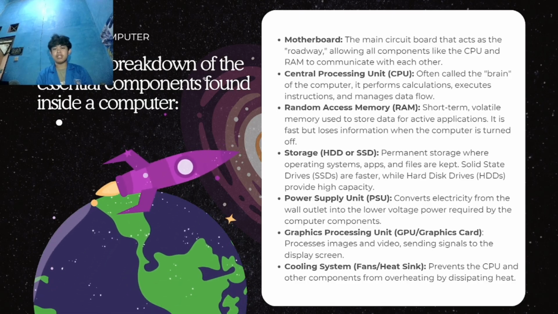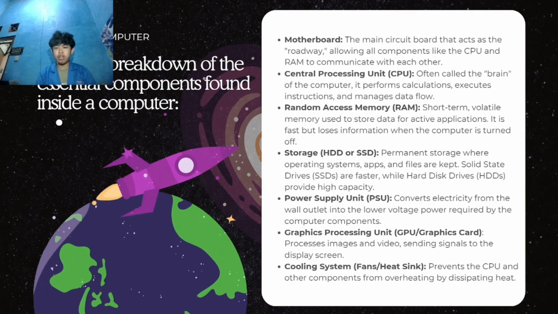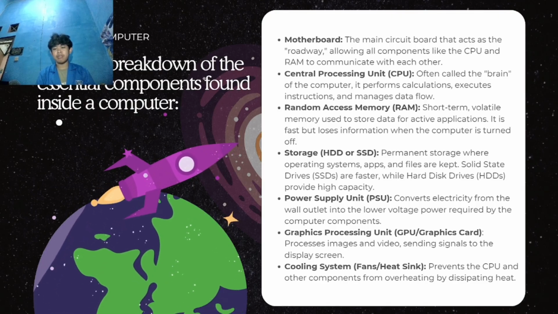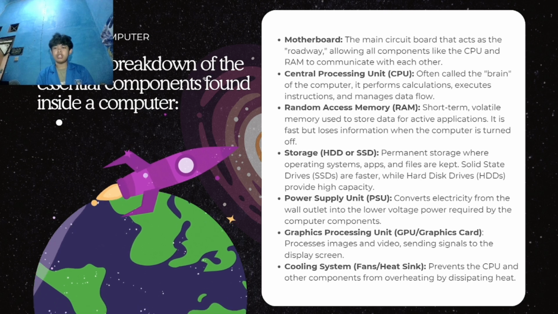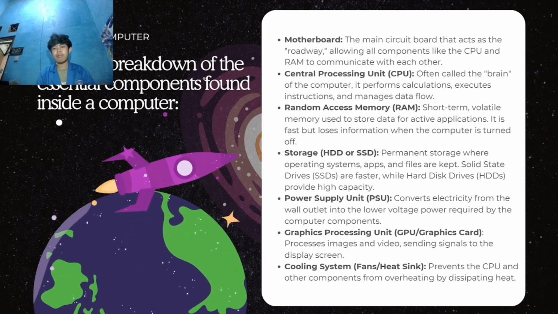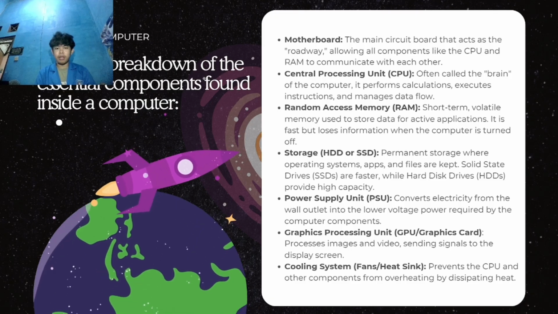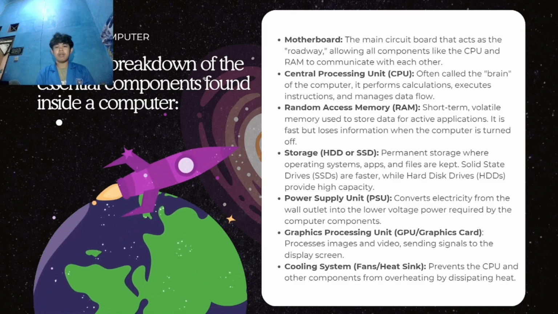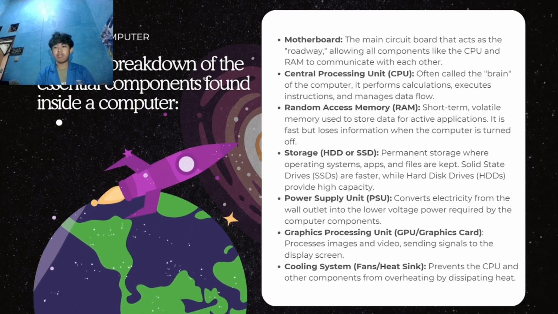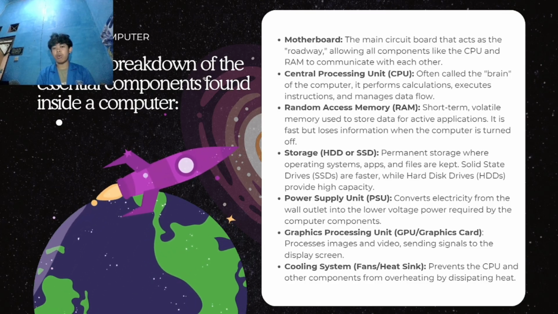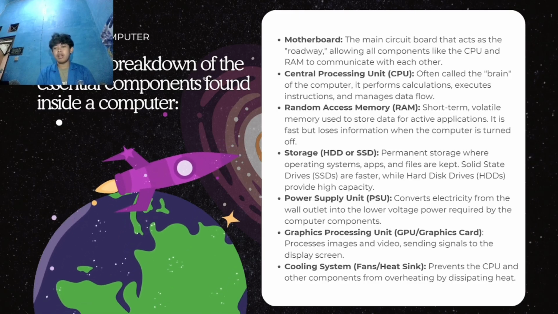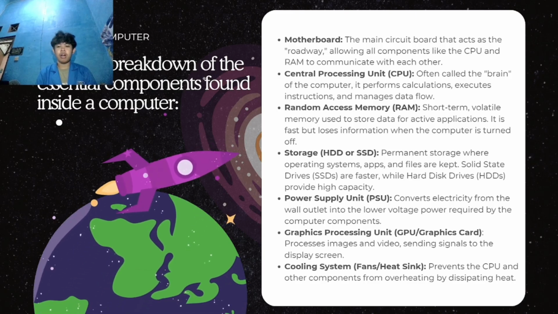The number four is storage, HDD or SSD. Permanent storage, where operating system, apps and files are kept. Solid-state drives are faster, while hard disk drives provide high capacity. And number 5 is power supply unit or PSU. Converts electricity from the wall outlet into the lower voltage power required by the computer component.